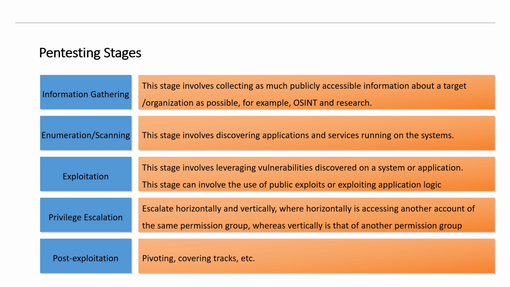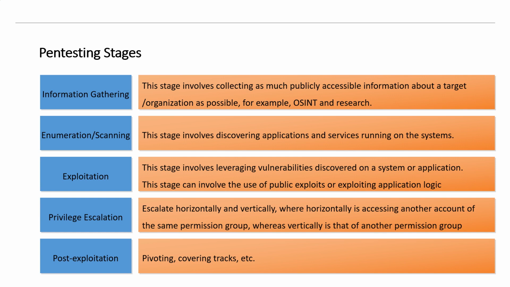And also, in most cases, we need to use open source intelligence techniques, and also do some research. The second stage is enumeration and scanning. At this stage, we need to discover applications and services running on the target systems or the target networks.